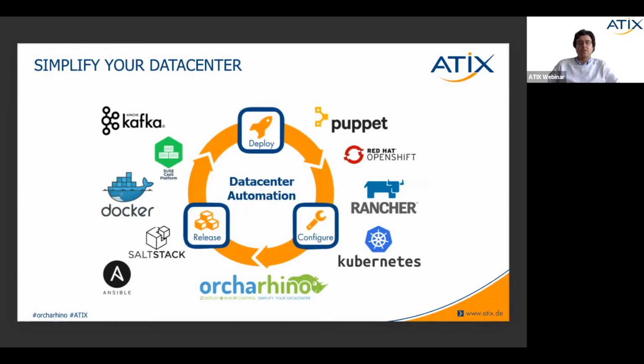We support also the use of configuration management tools in general. But as I said, the main part is orcharhino for deployment and for configuring and administrating virtual servers in general.